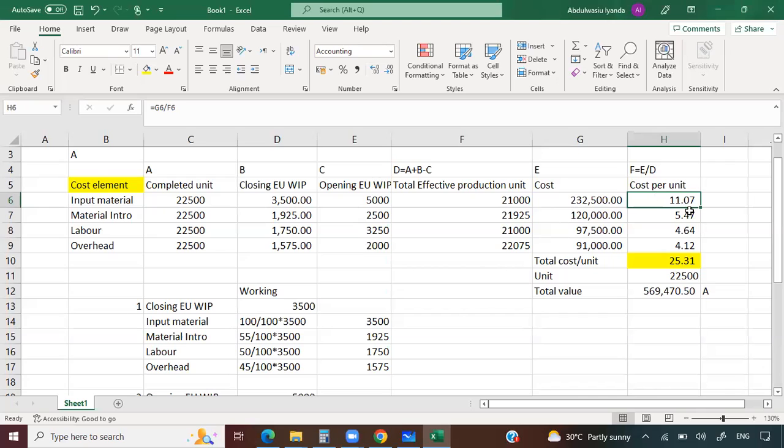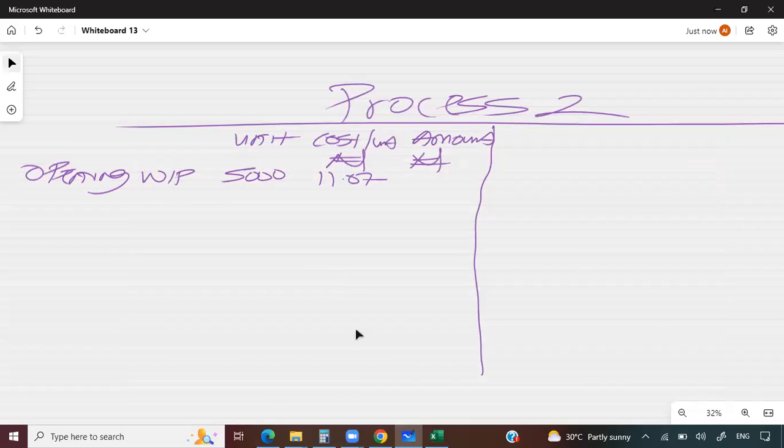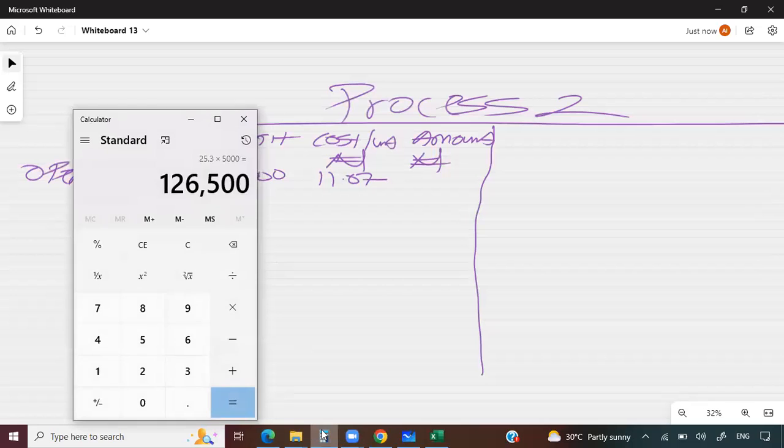This is the cost per unit. And we have what now? We have 5,000 multiplied by 11.06. We have what? 55.